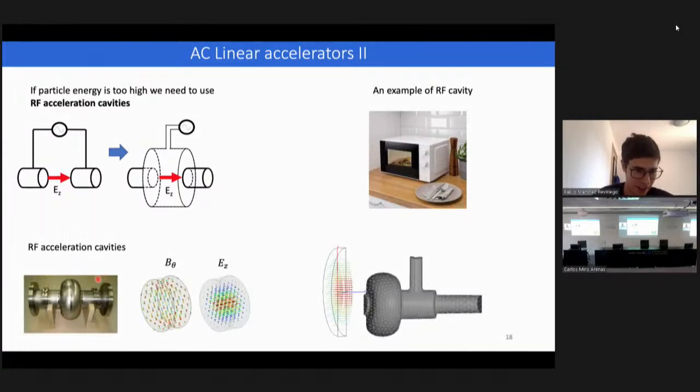You can see here an example with magnetic field and also electric field that is used to accelerate the particle. And you can see that the electric field is oscillating in time, and that's why these are called RF acceleration cavities. RF means radio frequency, so these magnetic fields are changing.